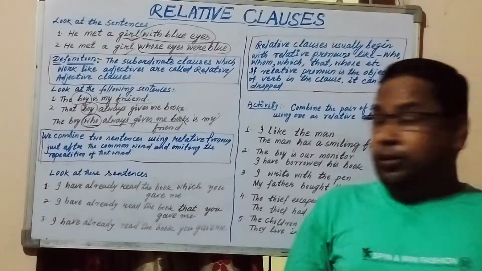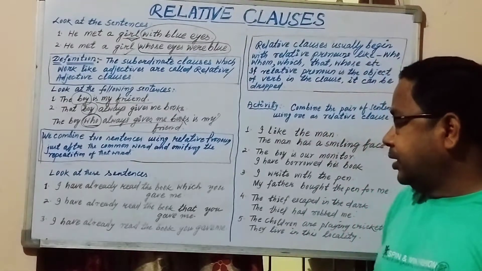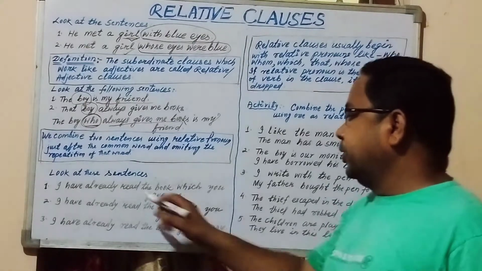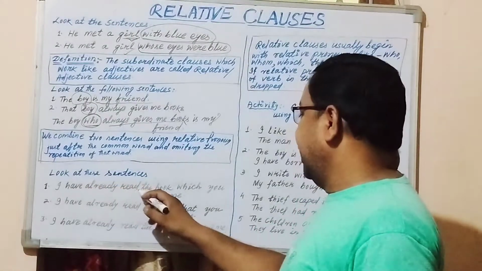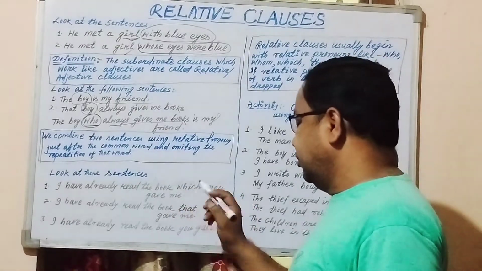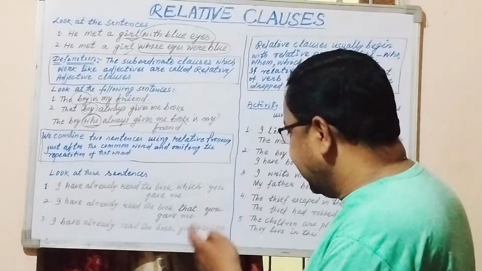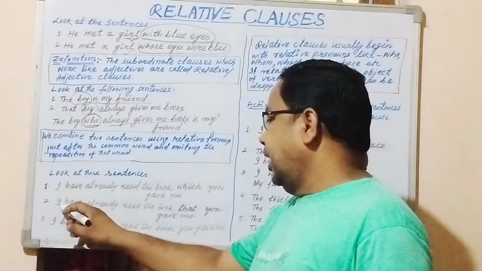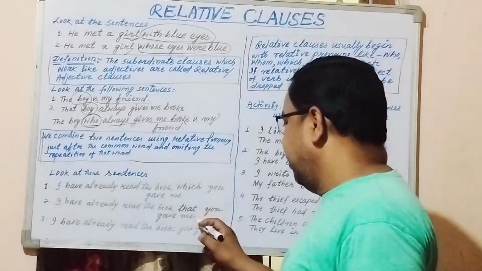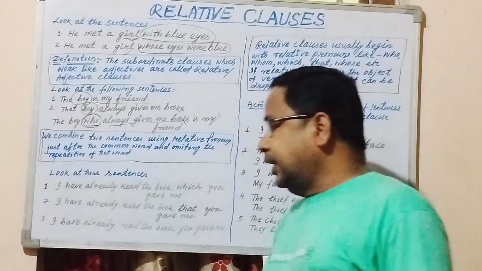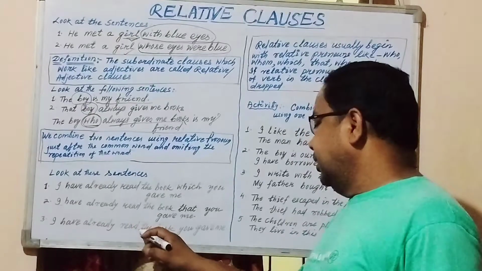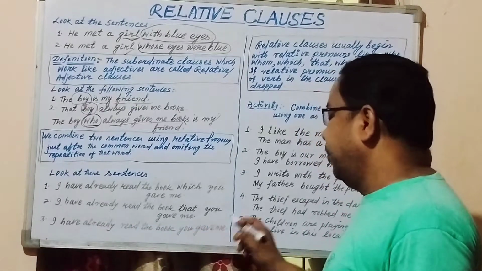Okay, very good. Now let us observe another example. I have already read the book which you gave me. The same sentence can be written as, I have already read the book that you gave me. And in sentence number 3, I have already read the book you gave me.